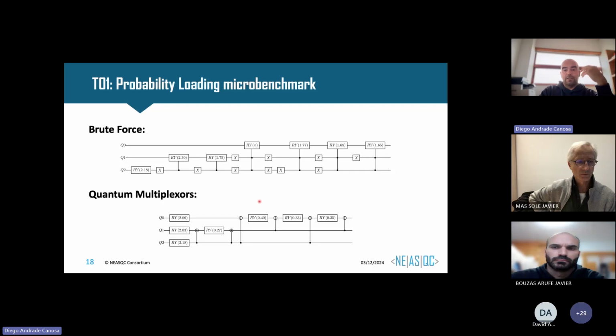And obviously, in this case, you are conditioned by the type of techniques that you use. Actually, we mentioned in the presentation that brute force methods usually create deeper circuits than quantum multiplexers. But obviously, even with quantum multiplexers, for some widths, the depth is going to become a problem.